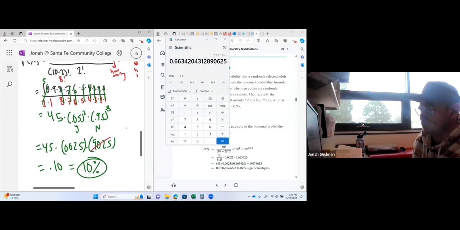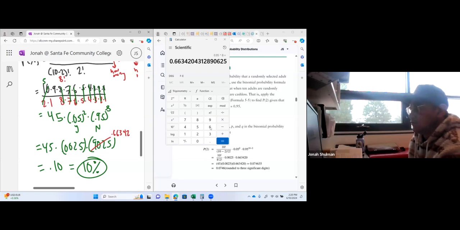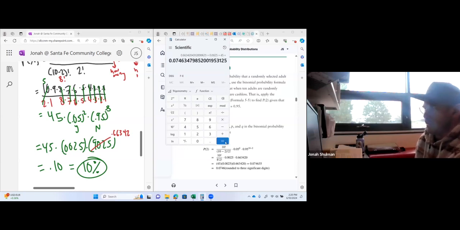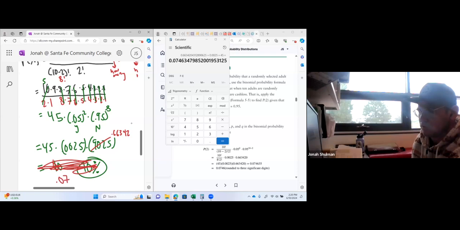This is 0.66342. And we can multiply that by 0.0025 and multiply that by 45. I squared this instead of raising it to the 8th power. And that's how we got the 0.07 or 7%.